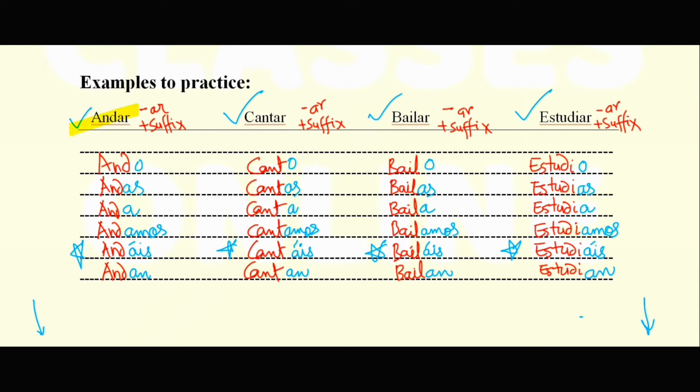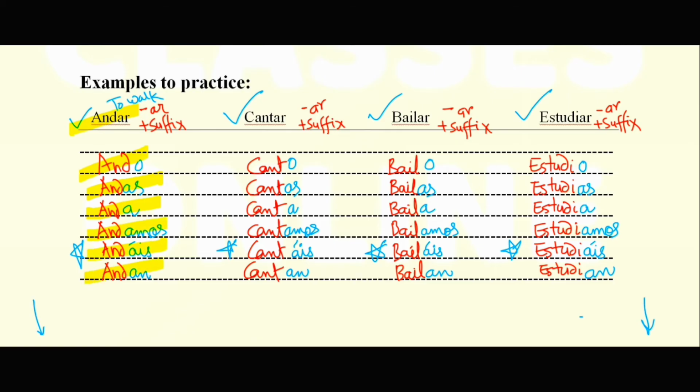See, andar, AR ending verb. It means to walk. Ando means first person, I walk. Andas, you walk. Anda, he, she walks. Andamos, we all walk.